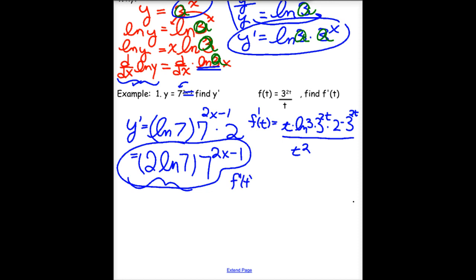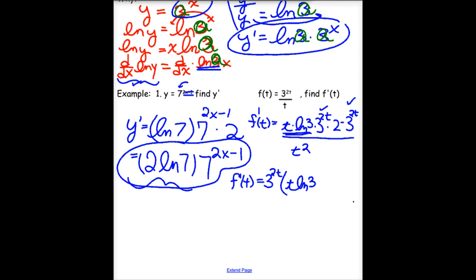So my derivative f prime of t is equal to, let's factor out a 3 to the 2t because it makes it pretty. So I've got 3 to the 2t times ln 3t. Well, actually, that's ambiguous written like that, so let's make sure we've got all our math. Let's write it like this just so it doesn't look like ln 3t.